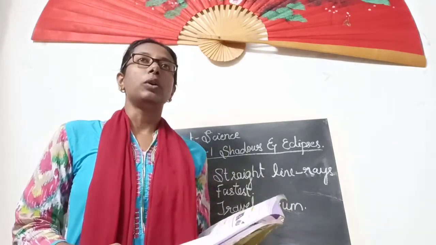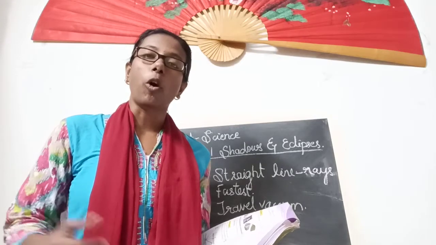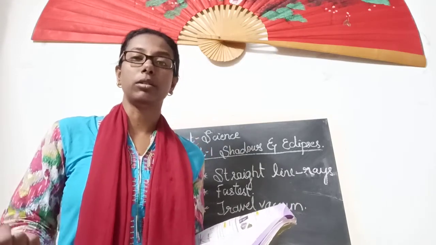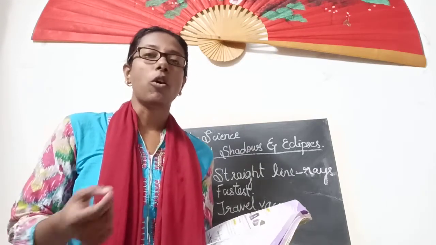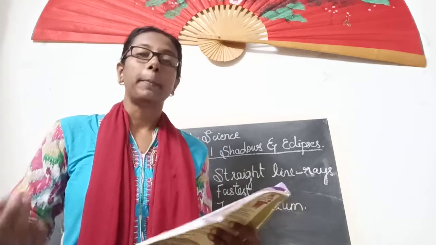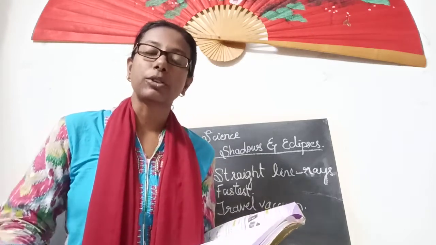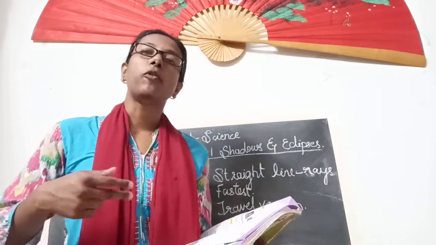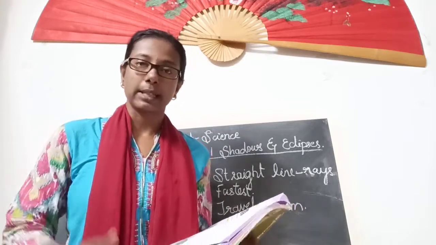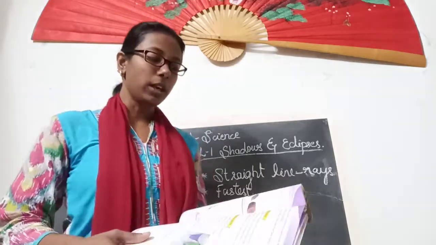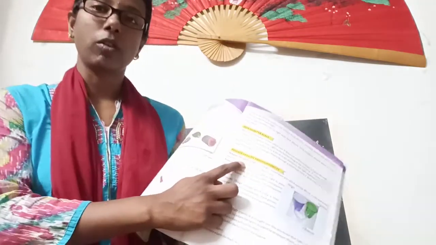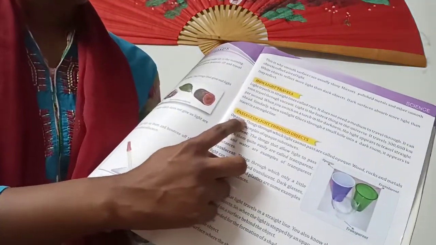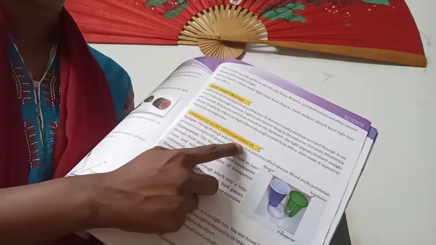Yes. Now there are a few more objects like glass or a mirror or plastic objects, thin plastic sheets. What happens to the light when it falls on these objects? Let us study here. Okay, so moving on to the topic, passage of light through objects.